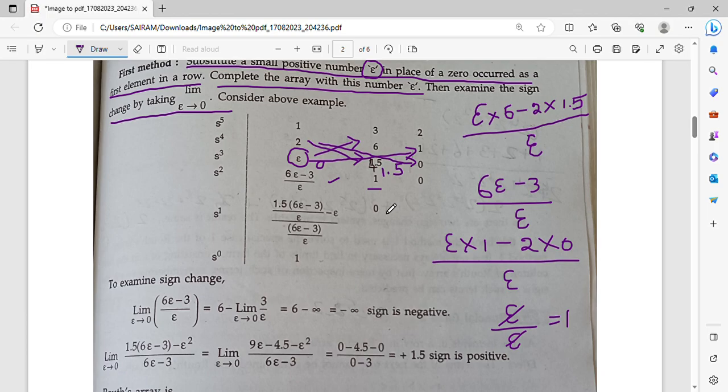So next, this is 0, so you can only calculate. And this one, how did you get? That is s to the power of 1, or I can say directly as s.